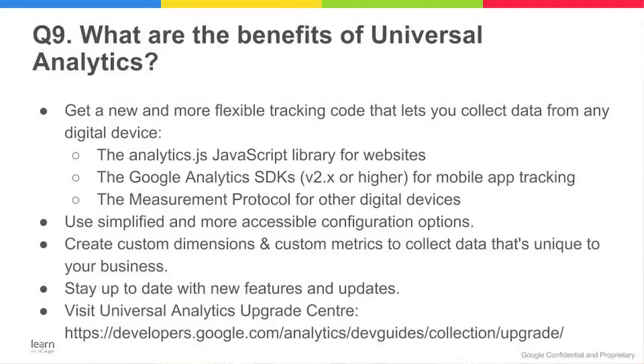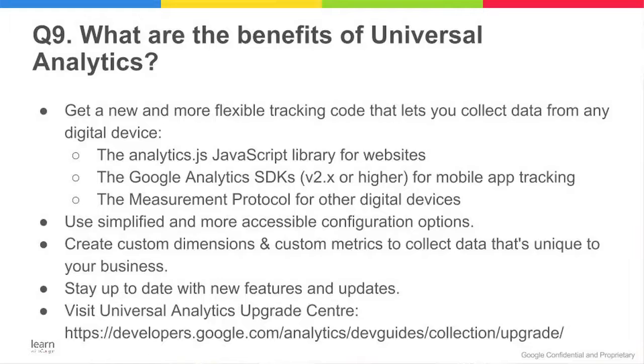For example, Universal Analytics introduces three new versions of tracking code: the analytics.js JavaScript library for websites, Google Analytics SDKs for mobile app tracking, and the Measurement Protocol to track other digital devices like game consoles or information kiosks, etc. It's more developer friendly, and you can easily customize the tracking code with Universal Analytics.